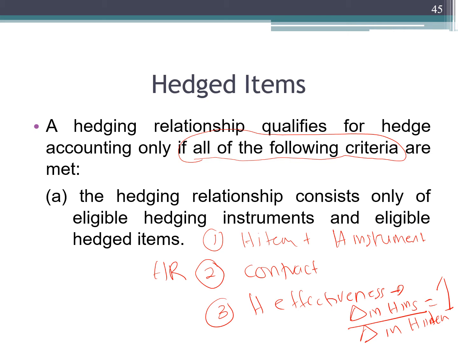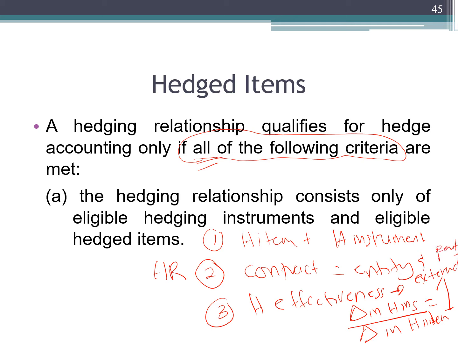Then we consider that it is effective. The hedging relationship can only exist if you fulfill all these 3 criteria: you should have a hedge item and hedge instrument, and a contract, and this contract is between the entity and an external party.